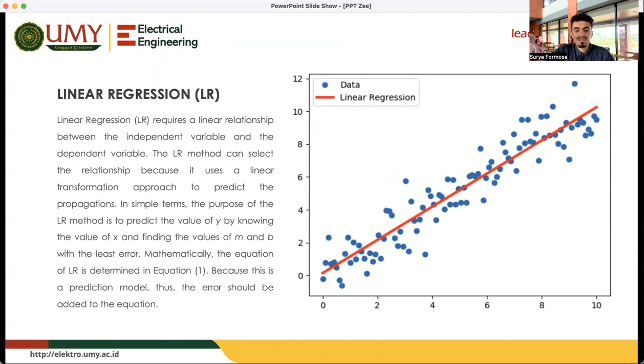In simple terms, the purpose of the LR method is to predict the value of y by knowing the value of x and finding the values of m and b with the best error. Mathematically, the equation of LR is determined in equation 1, because in this regression model, the error should be minimized, as we can see here in the figure.